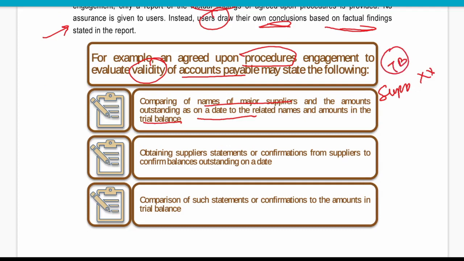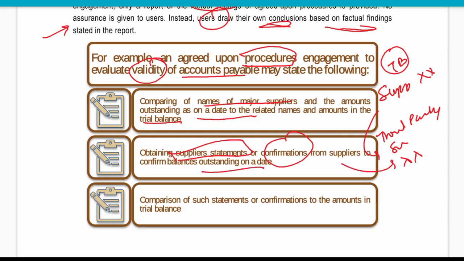Then he will obtain the supplier statement, that is the third party statement, and his confirmation, that is confirmation from the supplier, and he will see how much amount is outstanding as per the third party statement and the confirmation received.